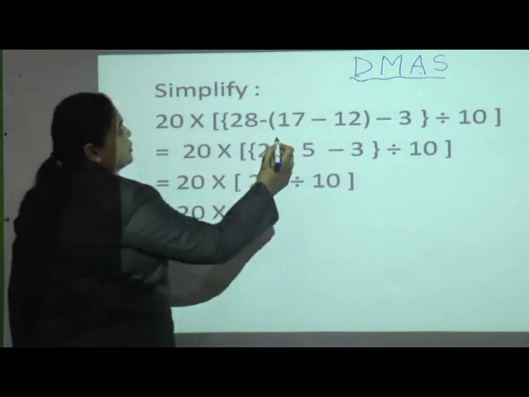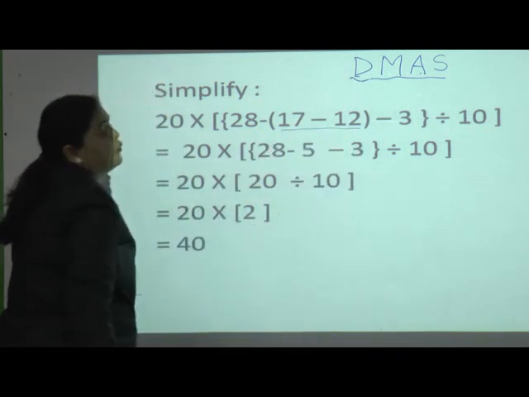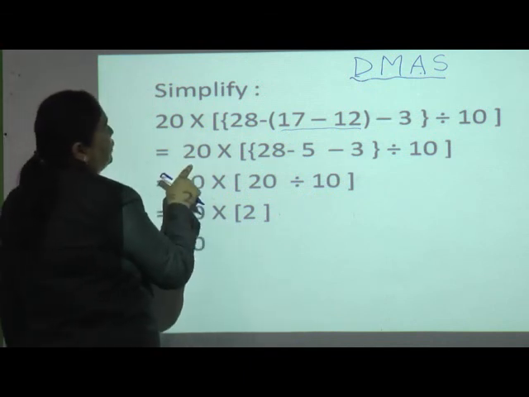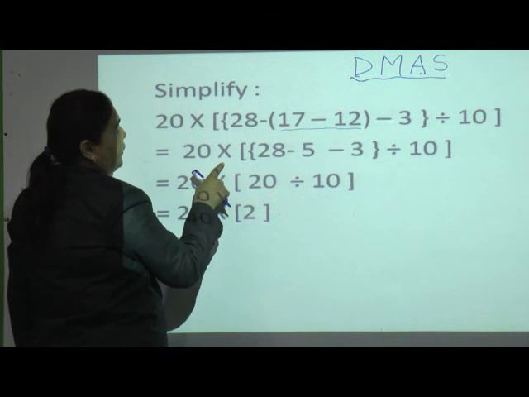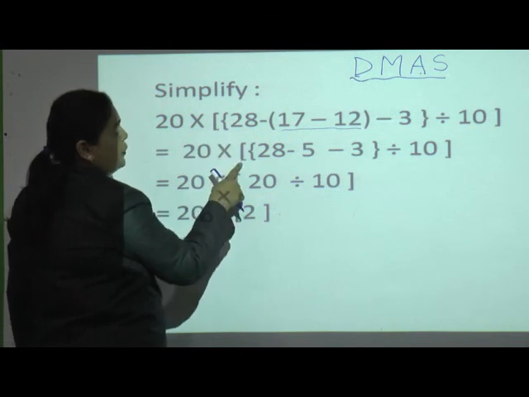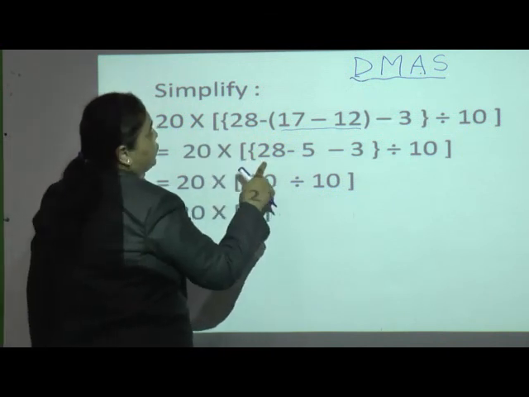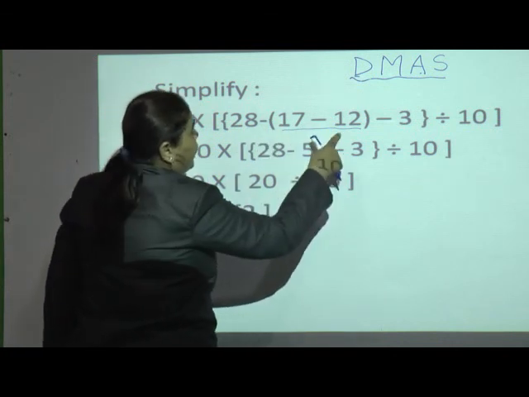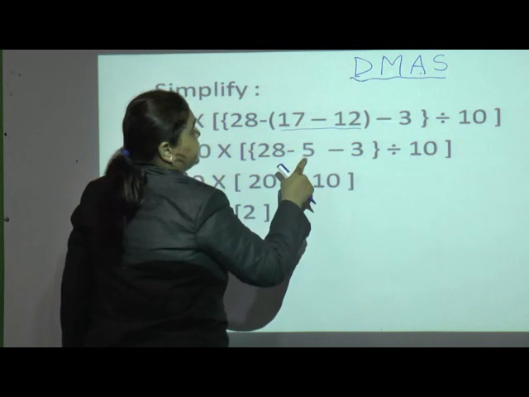What do we have to do first? We have to find out the first round bracket. So we will write the step as it is, 20 as it is, multiply. We are having both the brackets, write the same with the number 28, minus, write as it is minus, solve it, 17 minus 12 is 5.